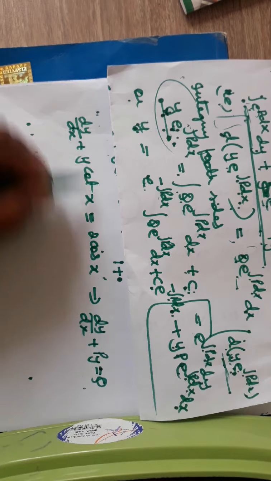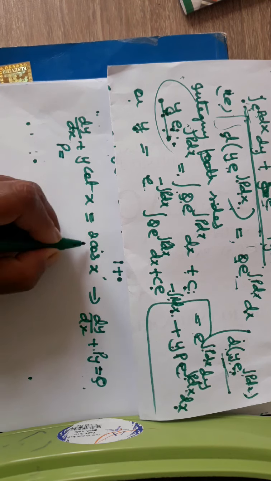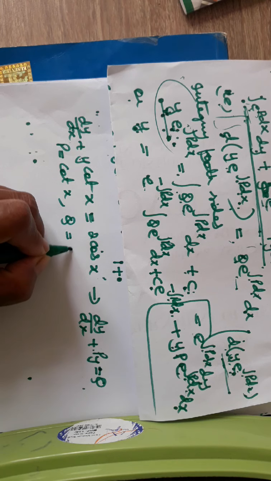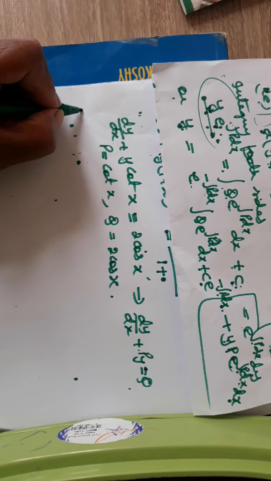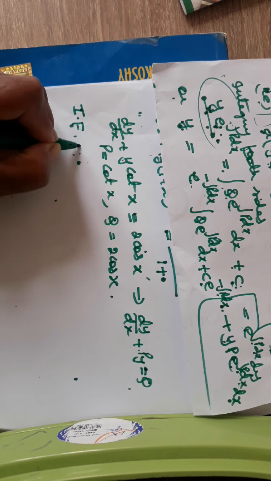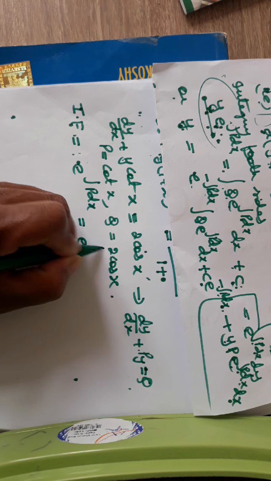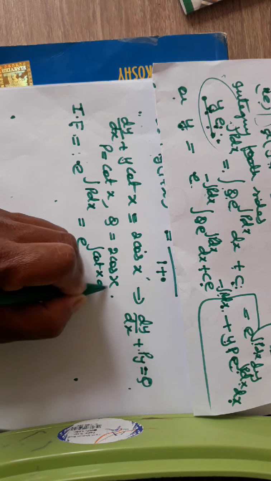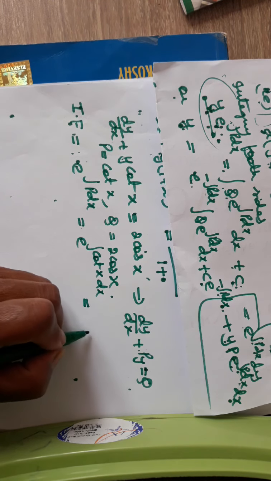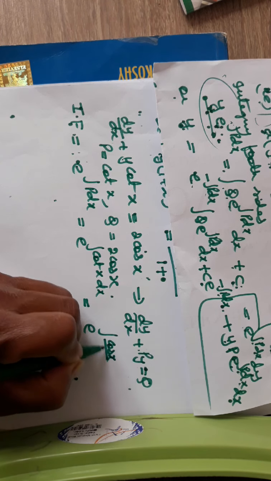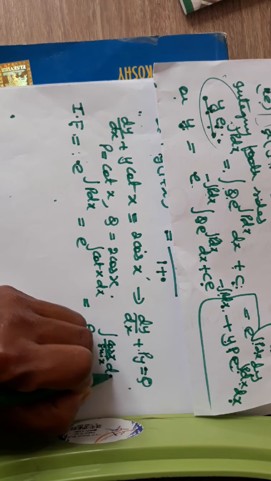If you compare, p is equal to cot x, and q is equal to 2 cos x. Now what is the integrating factor? It is e to the power integral p dx, which is e to the power integral cot x dx. But what is cot x? It is cos x by sin x.